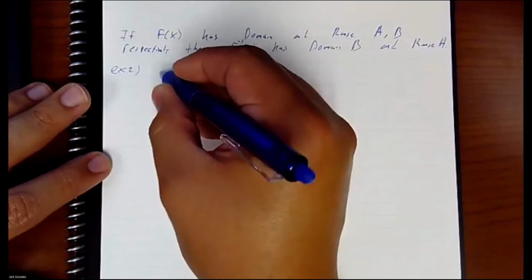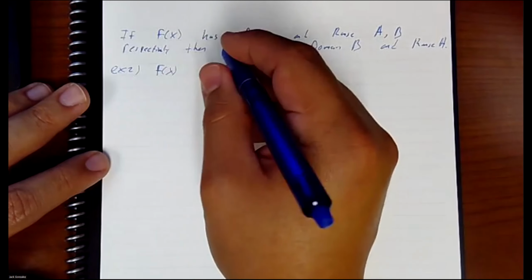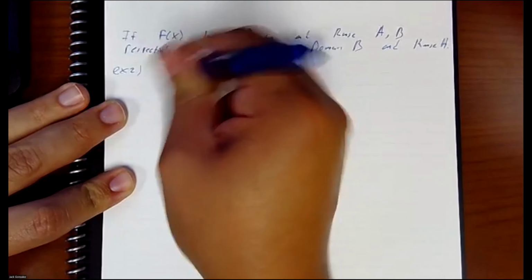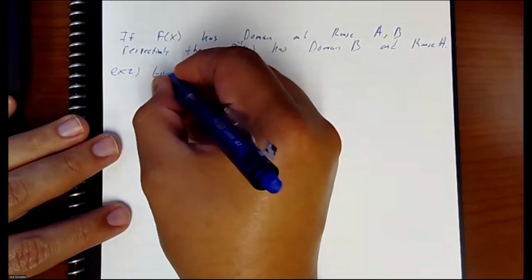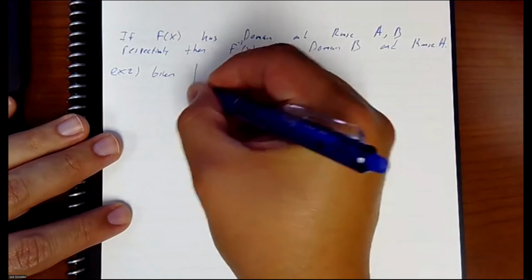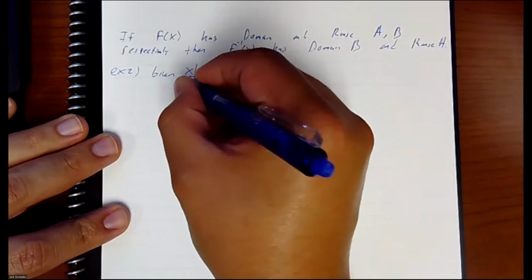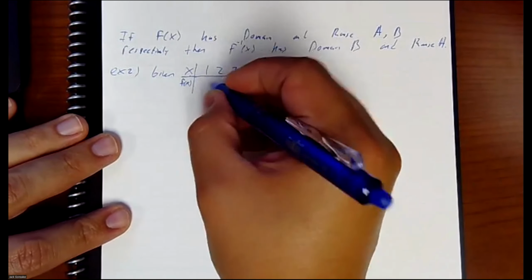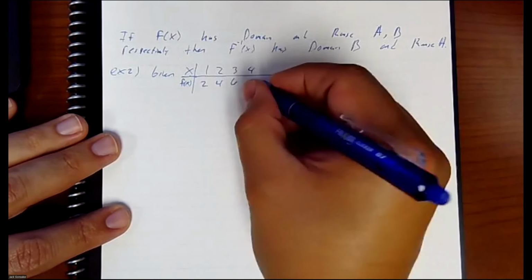So you switch them. So for example, let's make up a question right now. Given inputs one, two, three, four, and you get outputs of, I don't know, 2, 4, 6, 8.